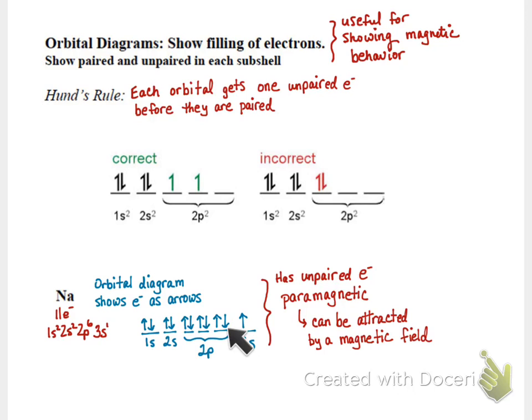They're all filled, so we keep going. And then the 3s orbital has 1 electron. Because it has at least 1 unpaired electron, we say that sodium is paramagnetic, which means it can be attracted by a magnetic field, and that's because it has unpaired electrons. It doesn't matter how many unpaired electrons it has, it's paramagnetic if it has at least 1.